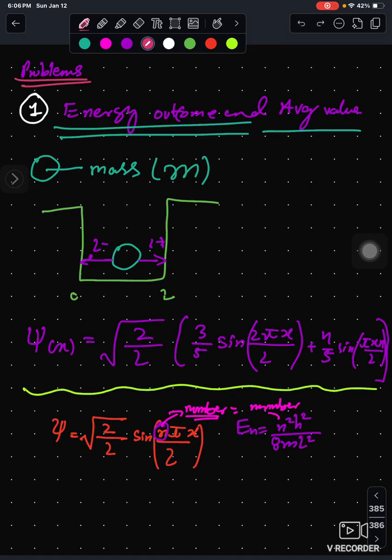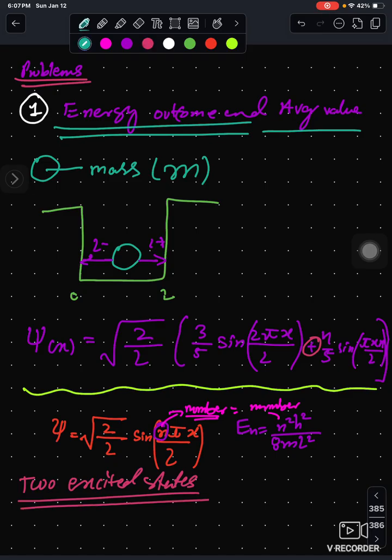since there's a plus in the middle, we have two excited states, and these two excited states are state number 2 and state number 4.